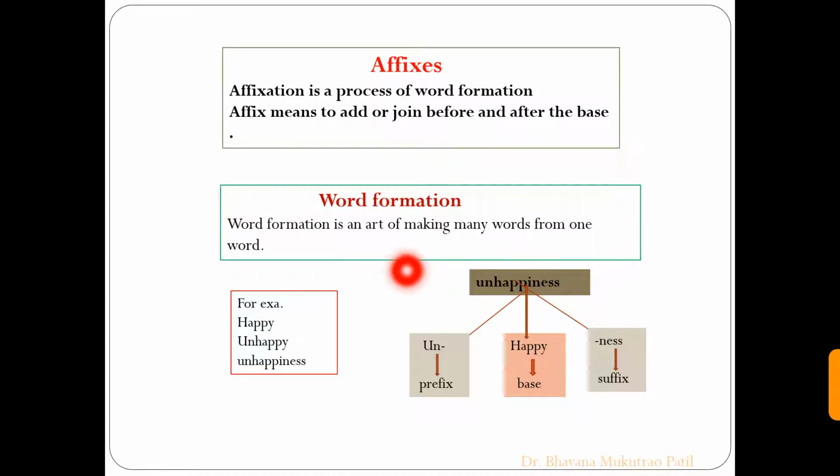For example, happy is one word. If we add the prefix un, we get unhappy, and if we add ness, we get another word, unhappiness. Happy, unhappy, unhappiness: these three words we get from the one word happy.